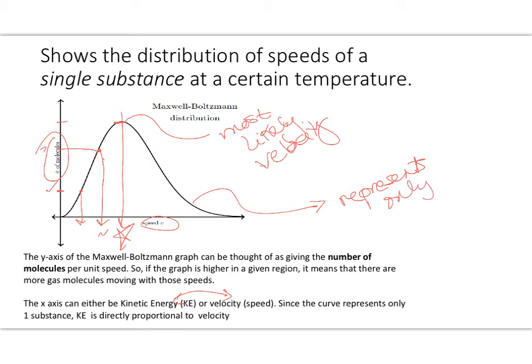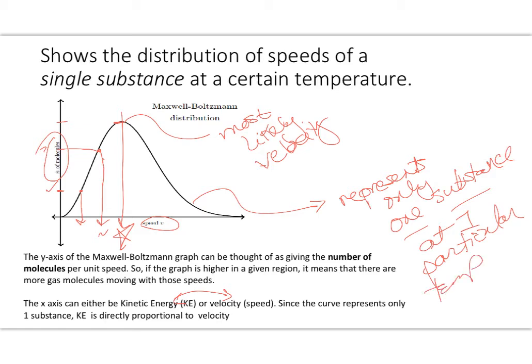So each substance is going to have its own Maxwell-Boltzmann distribution at a specific temperature. So one Maxwell-Boltzmann curve represents one substance that's at one particular temperature. So basically, you're trying to find out what is the predominant or most common speed or kinetic energy of a substance at a particular temperature.